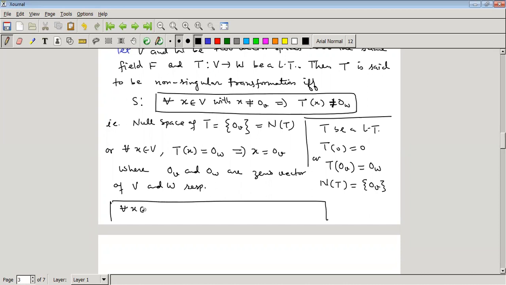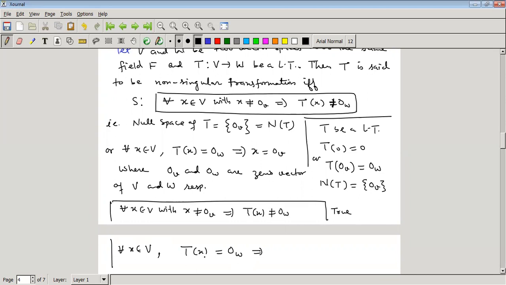So quickly, what we find there is that given any x in V with x not equal to 0v, this implies T of x is not equal to 0w. If this is true, then its contrapositive is also true. So what is the contrapositive? Given any x in V, if Tx is equal to 0w, this implies x is equal to 0, because the negation of this is: if P is this, not Q is this.